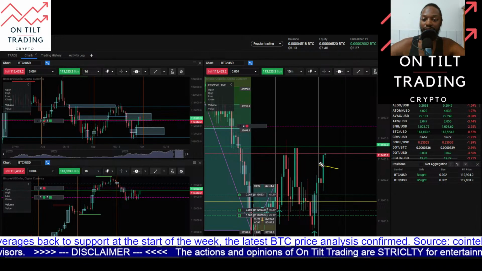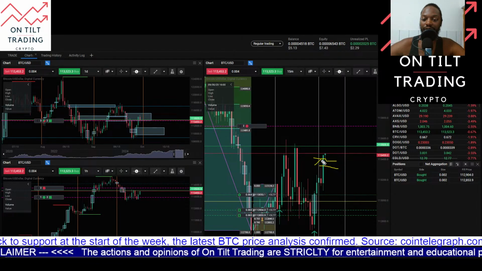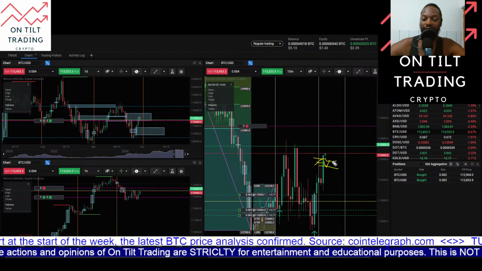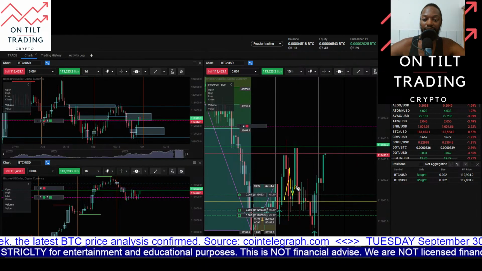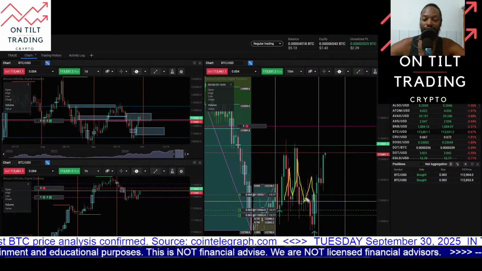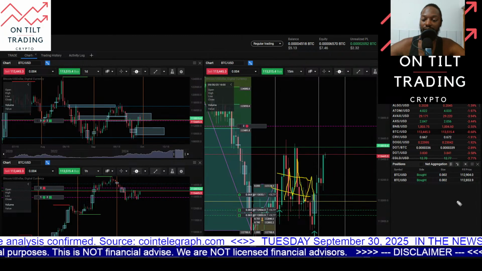Even though you can see an additional or a potential fair value gap setting up here. And if you look in this area, no fair value gaps were formed here on the 15-minute.